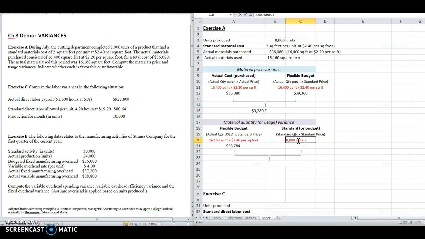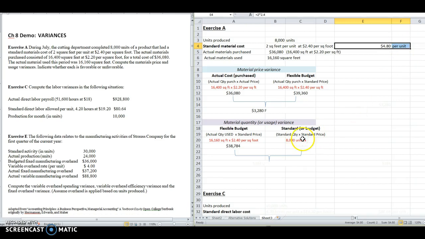Then we have two choices depending on the information that's given to us. In this case, they say it's 2 square feet per unit at $2.40. If we multiply those two numbers together, we get $4.80 per unit.